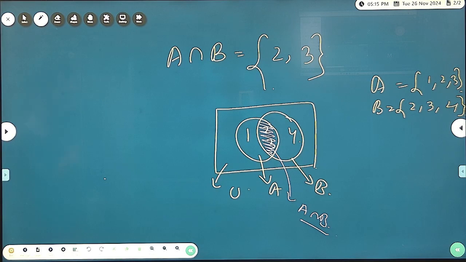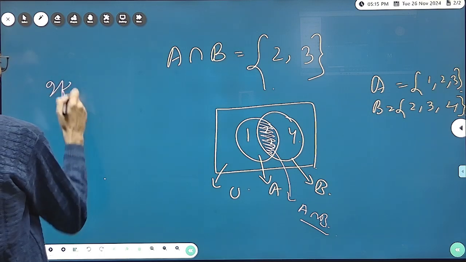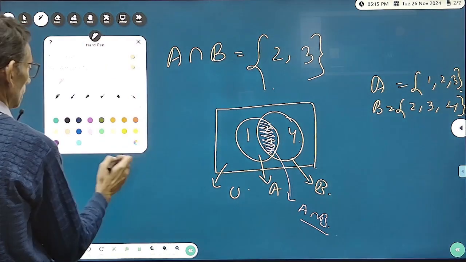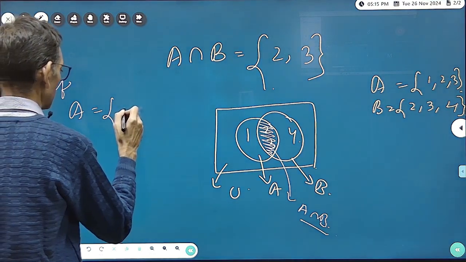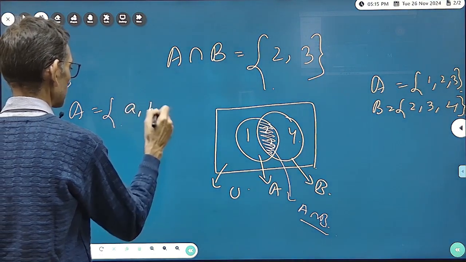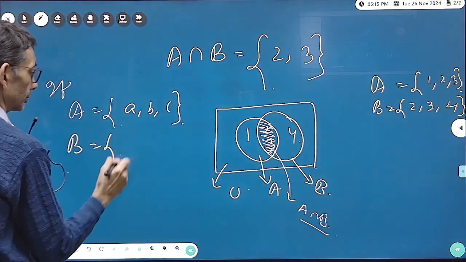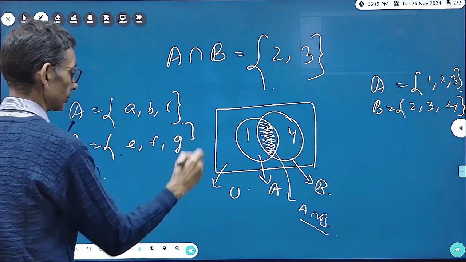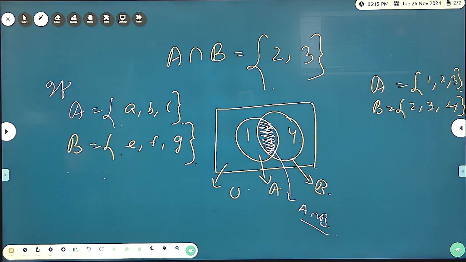Now say A is equal to {A, B, C} and B is equal to {E, F, G}. There are two sets and there is no overlapping.